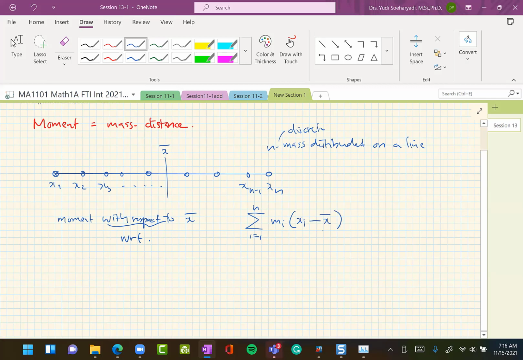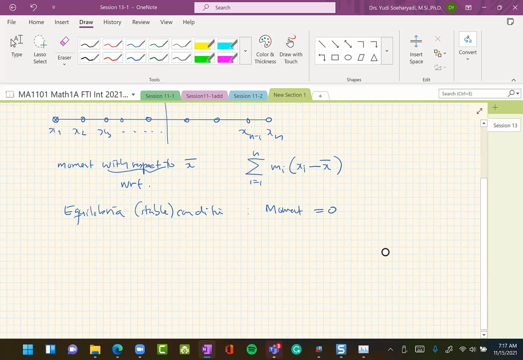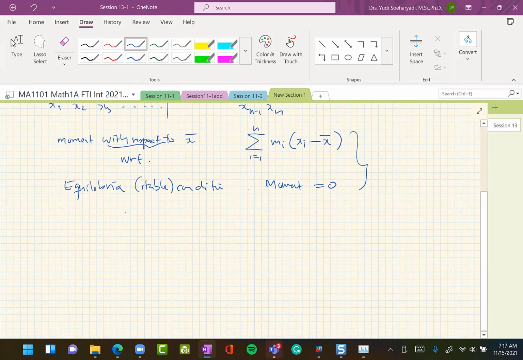Okay, so this is the moment with respect to x bar. What does it mean here? If it's in stable conditions, equilibrium, then this moment is zero.